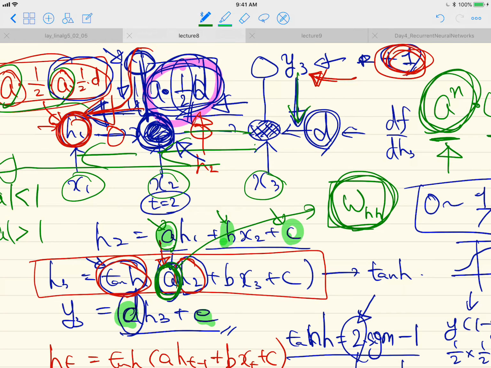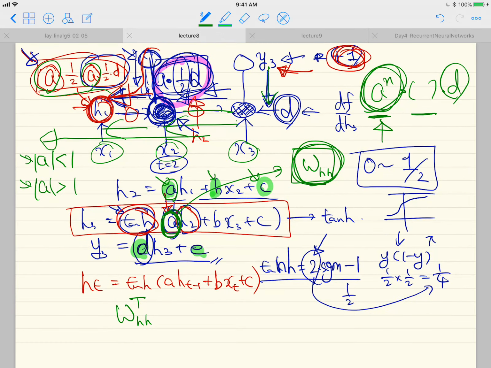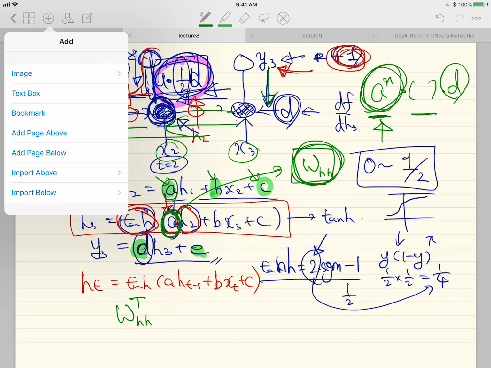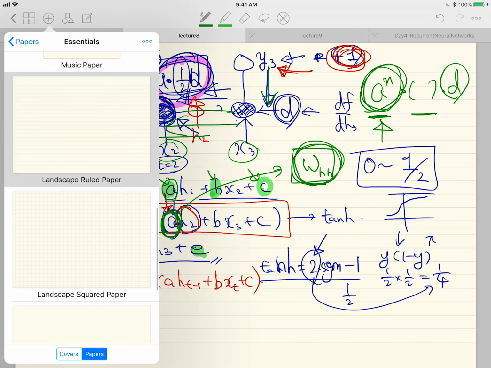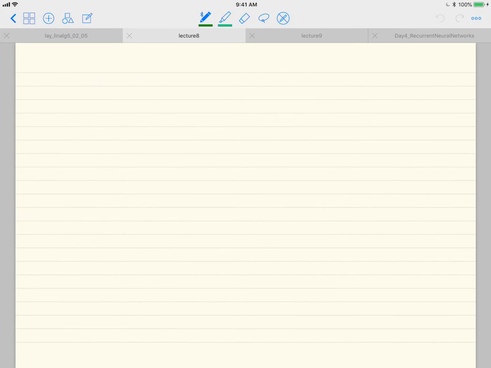And then in that case, we can view it in this kind of form. So let me redraw. These are x1, x2, and x3, and then we have a y3 here.